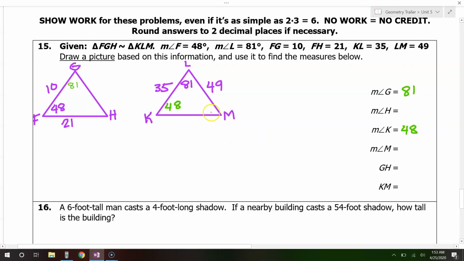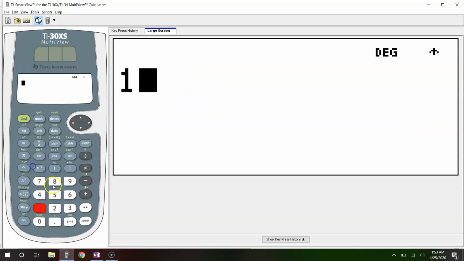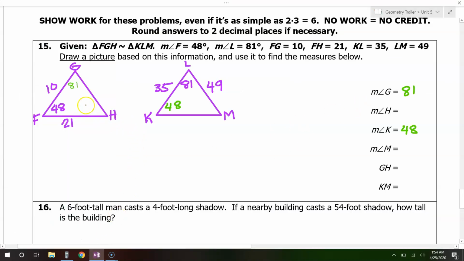What about H and M? Well, we know that all of the angles in a triangle have to add up to 180. So let's subtract these two angles from 180. 48 and 81. Okay, that leaves 51 degrees.